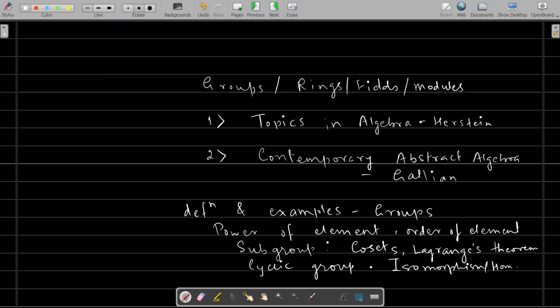And lastly, some applications of group theory to prove certain results in number theory, like Fermat's little theorem, or in general Euler's theorem, Wilson's theorem, etc. So some of the results in number theory we'll prove as applications of groups.